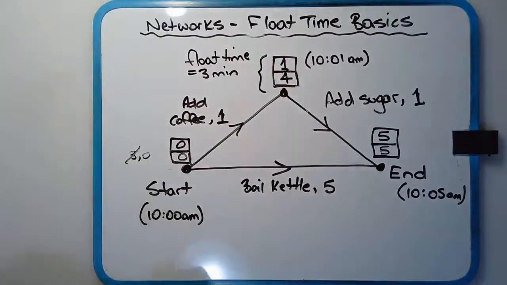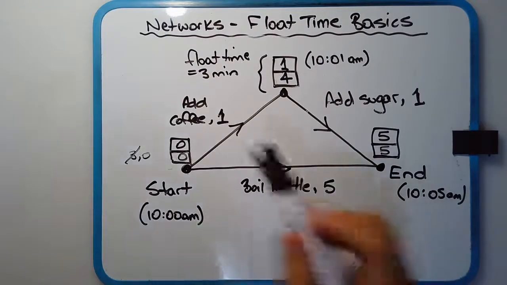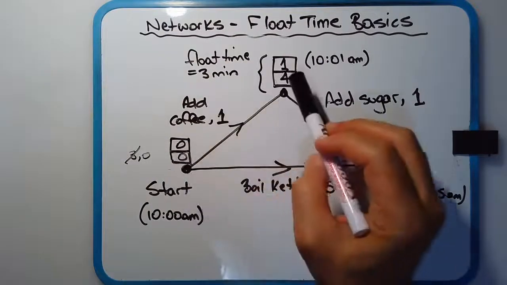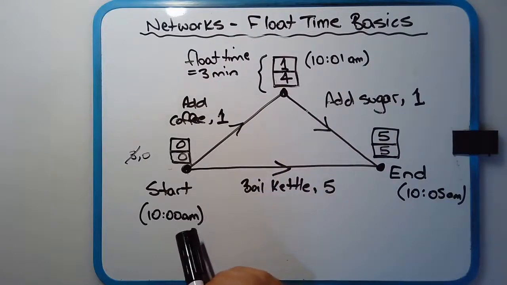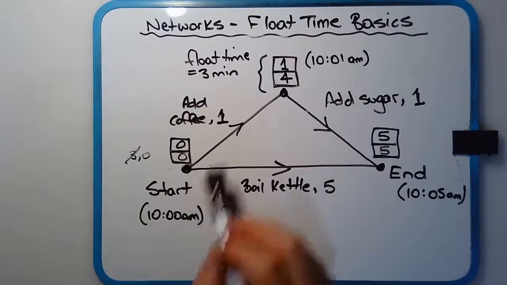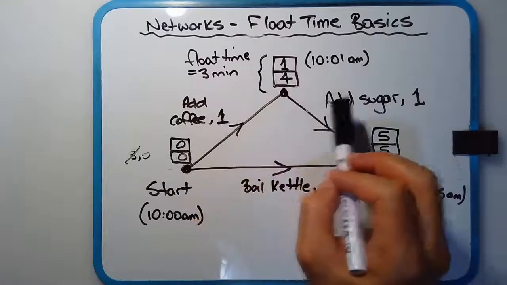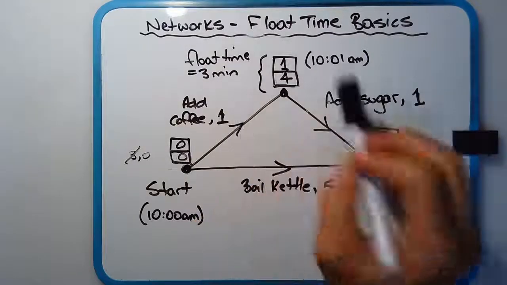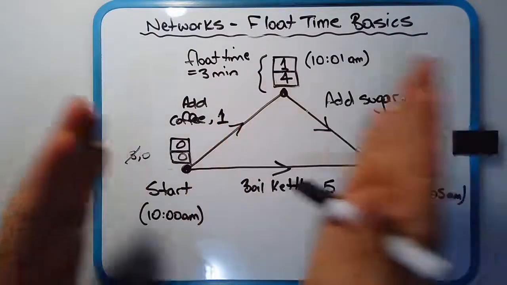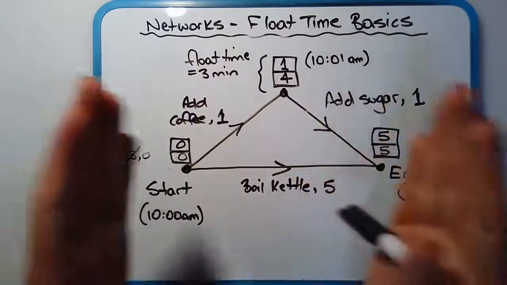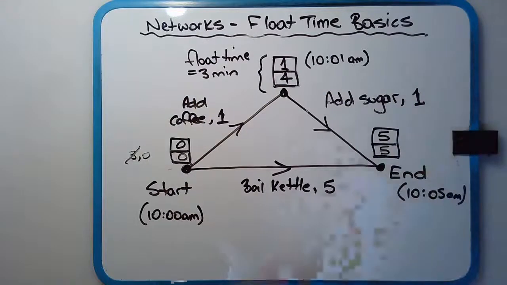What this means is that I could add the coffee 3 minutes after I start boiling the kettle, because adding the coffee takes a minute, adding the sugar then takes another minute, and that takes you to 5 minutes. So the float time really tells you how much you can delay an activity without it impacting the project.